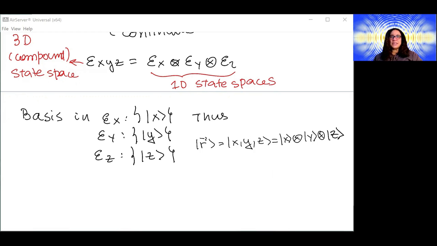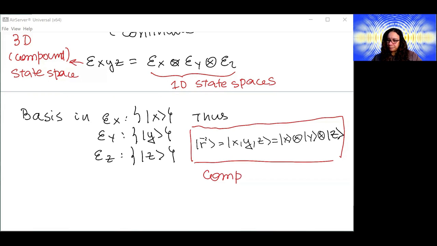Okay, this is a nice result. We're already applying what we've learned. So this is our compound state vector for the basis.